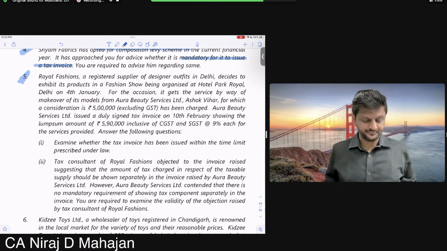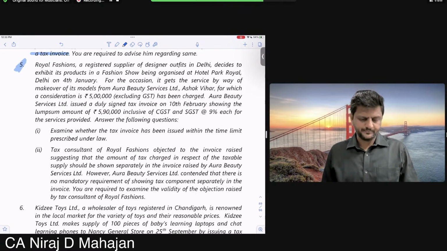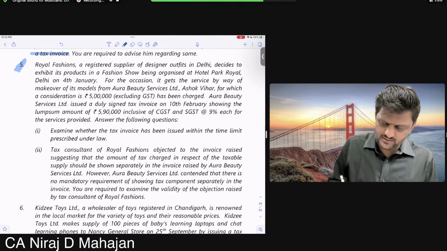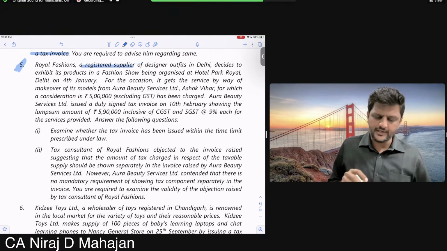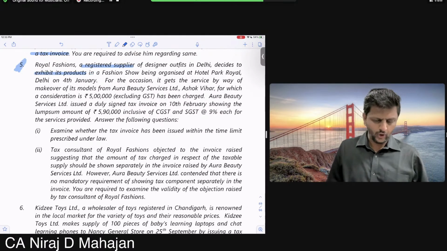Okay, done for today. Fifth one. Ready? Royal Fashions, a registered supplier of designer outfits in Delhi, decides to exhibit its products in a fashion show on 4th January.